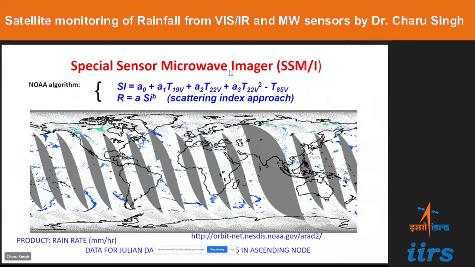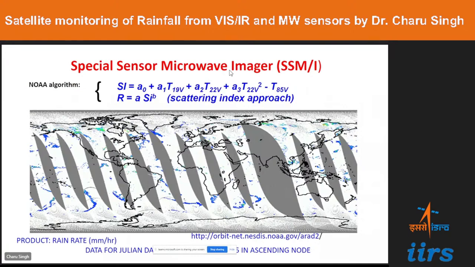Thereafter, a relationship between the rainfall and the scattering index may be developed. And in this case, to develop the relationship between the rainfall and the scattering index, we require rainfall data sets either from rain gauges or radar to estimate the coefficients A and B. So these are coefficients like A, B, A0, A1, A2, A3.